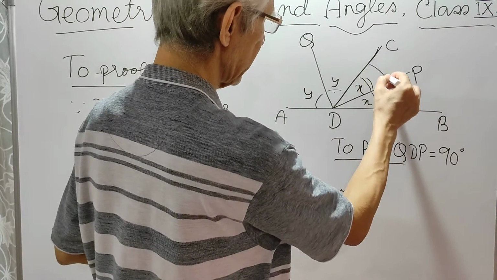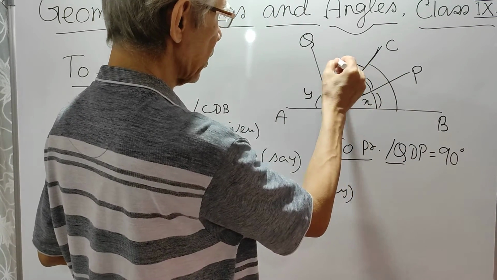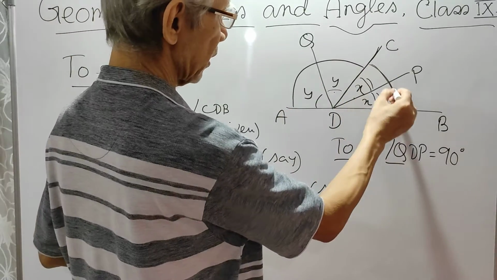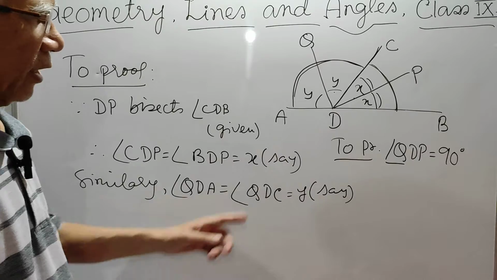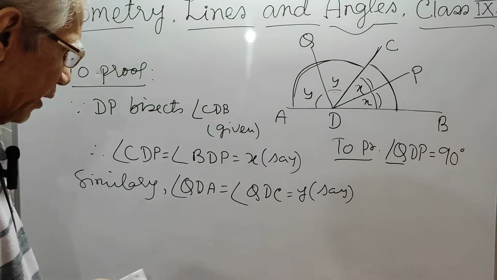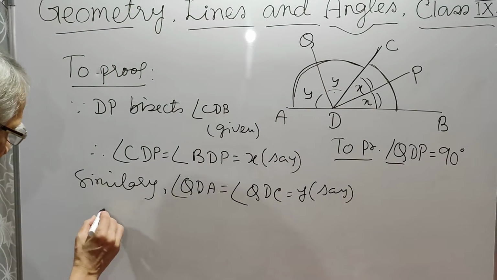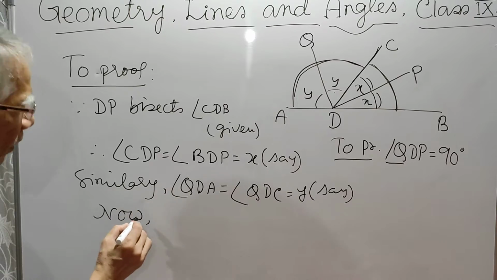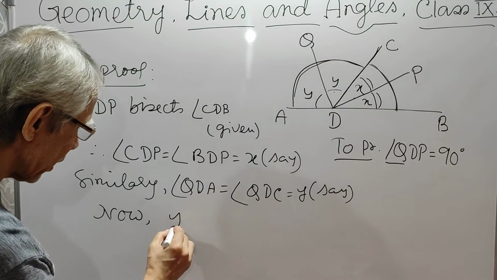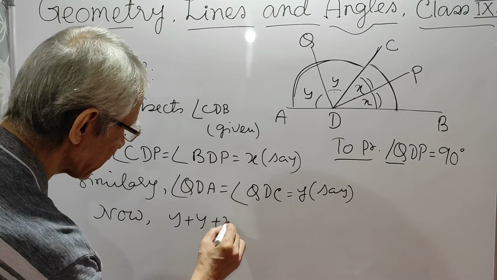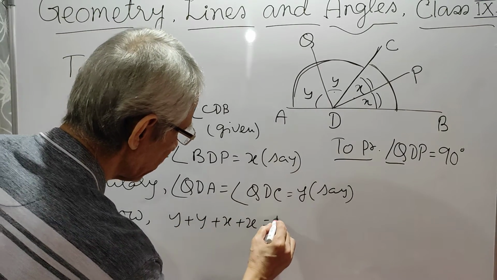So these two are linear pair. This angle and this angle linear pair. So their sum is 180 degree, isn't it? That means sum of all the four equal to 180 degree. That means y, y, x, x. So y plus x equal to 180 degree.